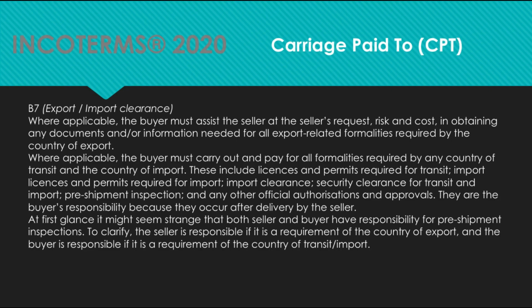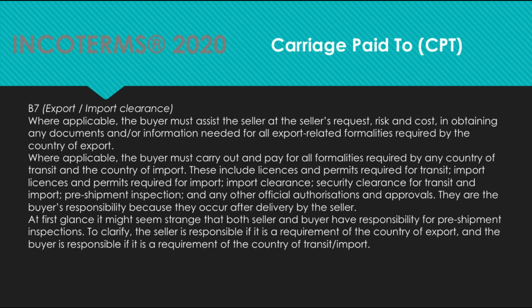B7. Export-import clearance. Where applicable, the buyer must assist the seller at the seller's request, risk and cost, in obtaining any documents and/or information needed for all export-related formalities required by the country of export. Where applicable, the buyer must carry out and pay for all formalities required by any country of transit and the country of import.